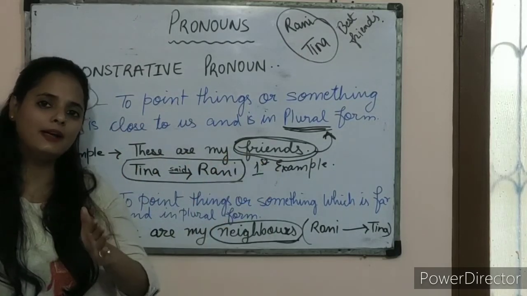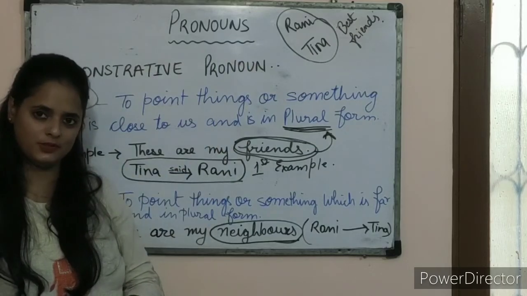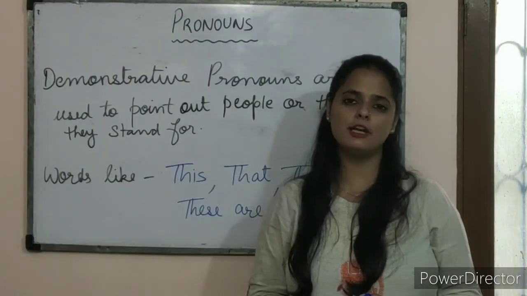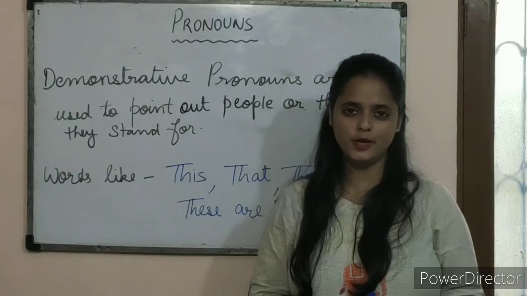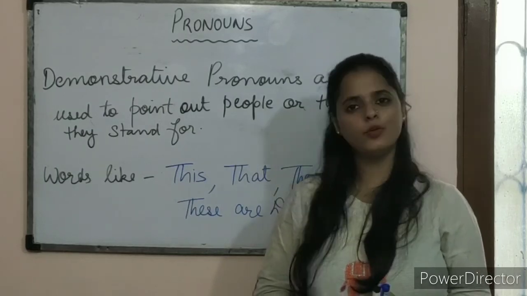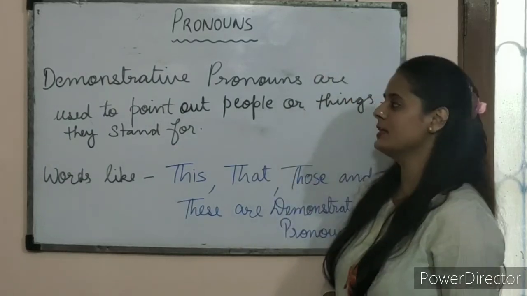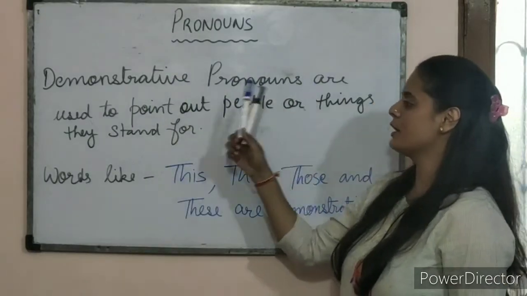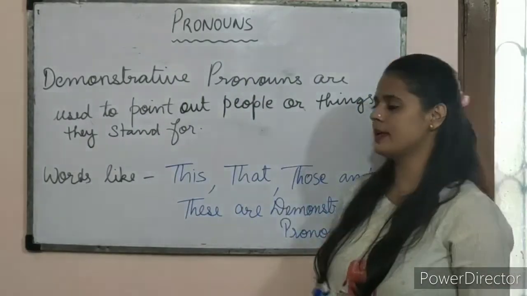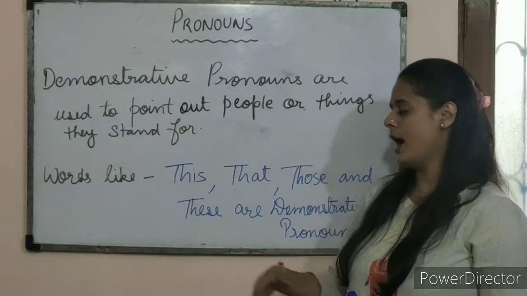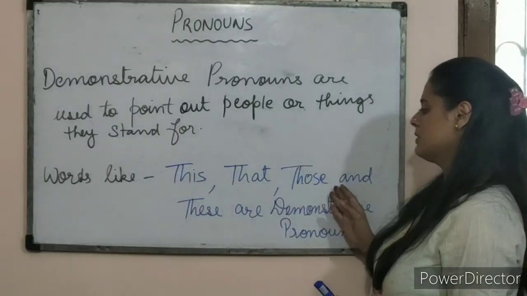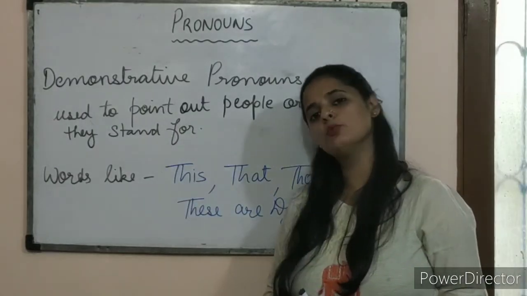This, that, these and those. So students, I hope demonstrative pronouns are now understood by you, right? So now we are at the conclusion, and the conclusion is: demonstrative pronouns are used to point out people or things they stand for. And words like this, that, those and these are demonstrative pronouns.